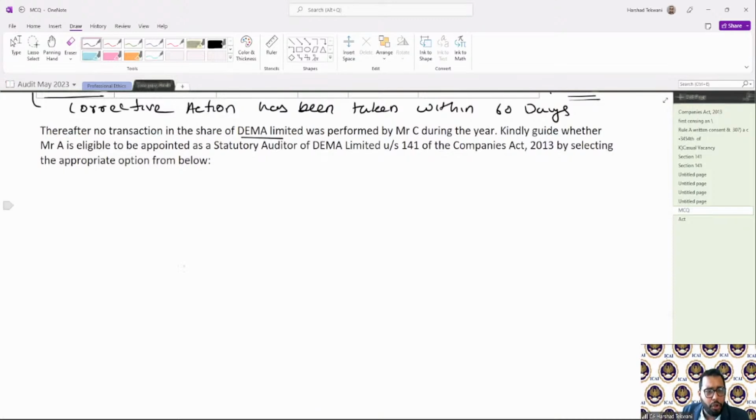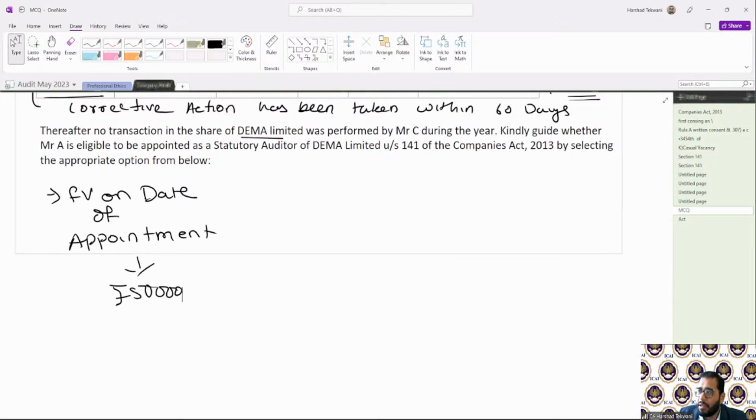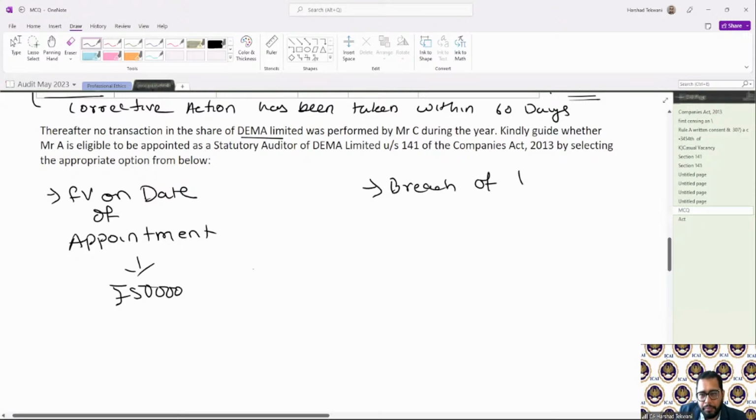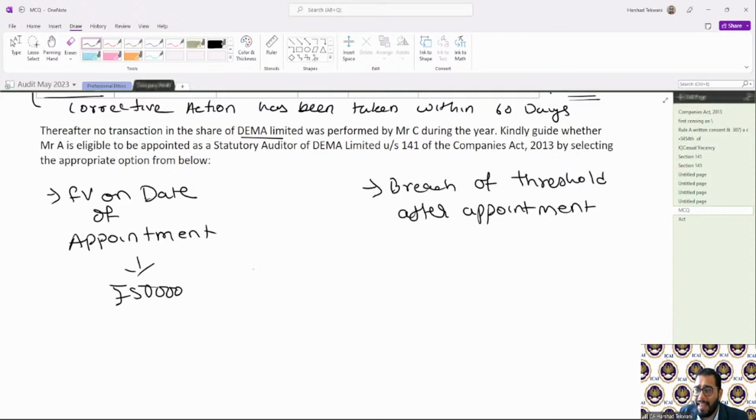So I'll check at two times. One, face value on the date of appointment, which is rupees 50,000. Second, continuous checking, but in case there has been a breach of threshold after appointment, then the corrective action to maintain the limit shall be taken within 60 days of acquisition.